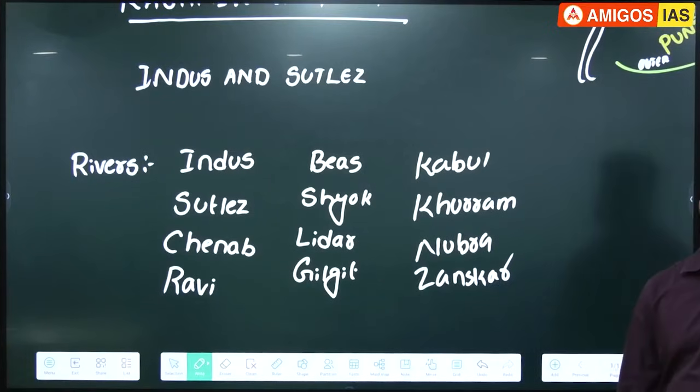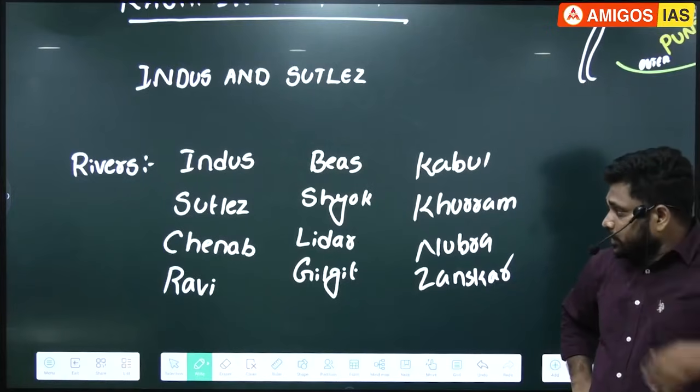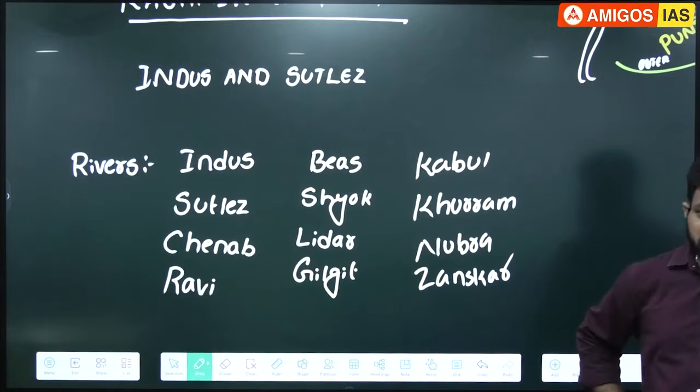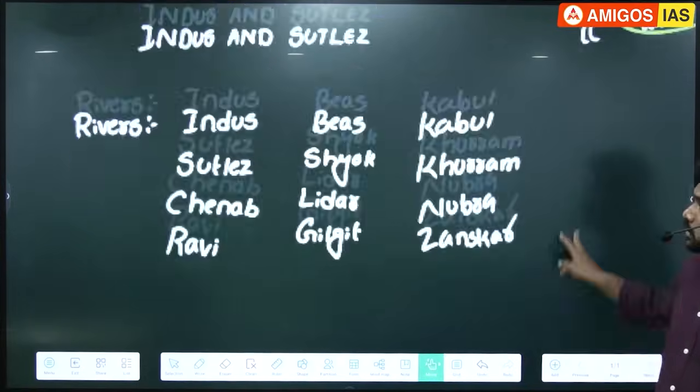Okay, all these are the important rivers which flow through Kashmir Himalayas or Punjab Himalayas. Indus, Satluj, Chenab, Ravi, Beas, Shyok, Lidar, Gilgit, Kabul, Khurram, Nubra, Janskar. All these are the important rivers.